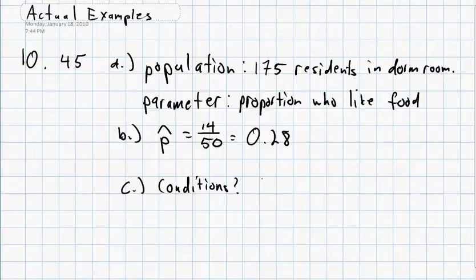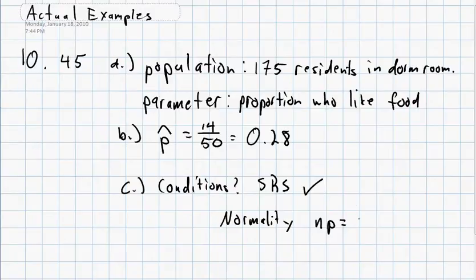Remember, there's three conditions. The first one, is it a simple random sample? Sure is. Yep. So simple random sample, that's good. Next one, normality. Remember, when we're talking about sample proportions, to see if something is normal for normality, we have to check np.